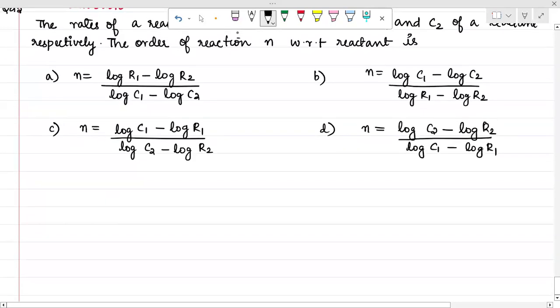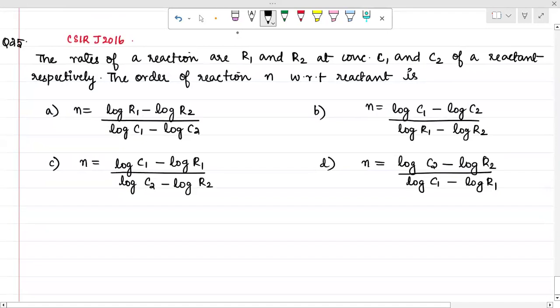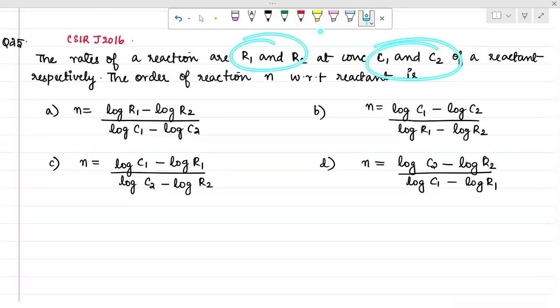Okay. Very easy, very, very easy. Options are all alike. So we have to mark the answer properly. See, they are asking the relation between two rates and two concentrations. That's all.